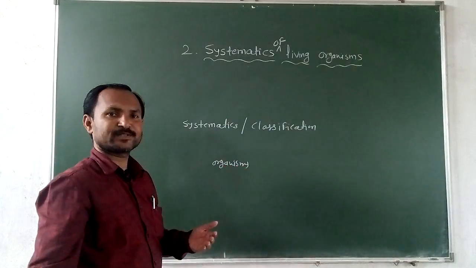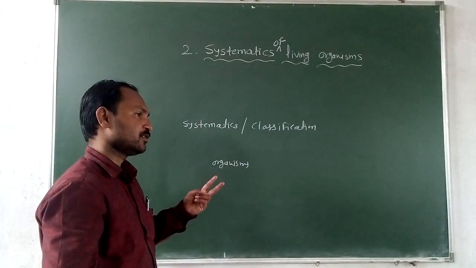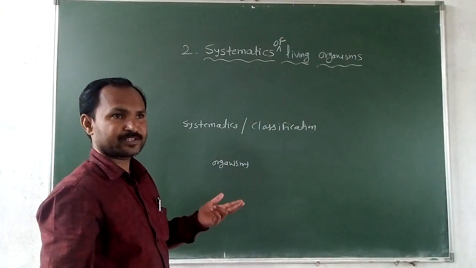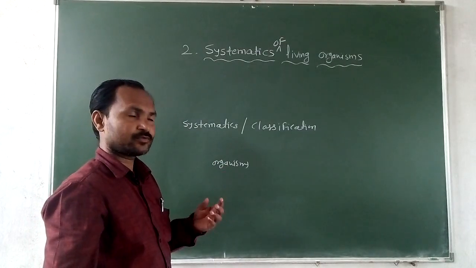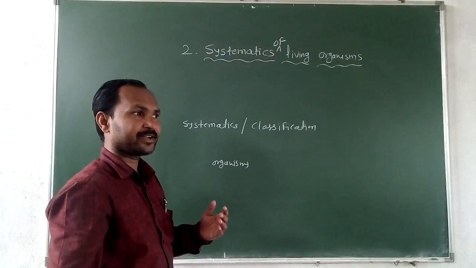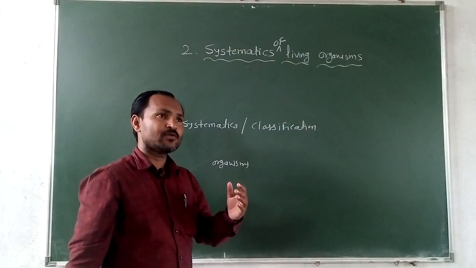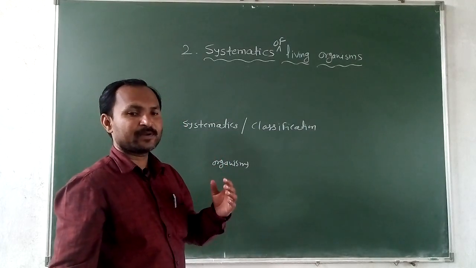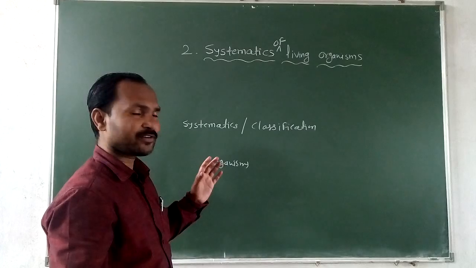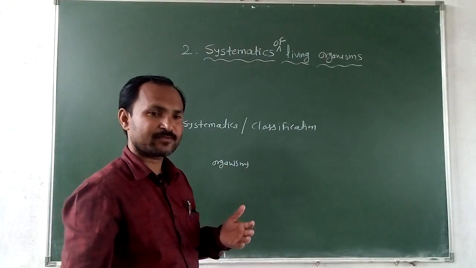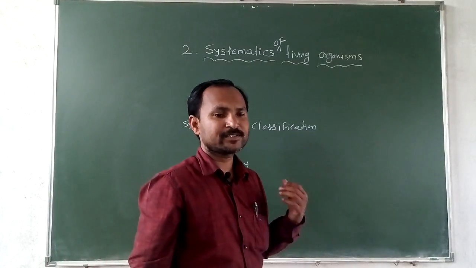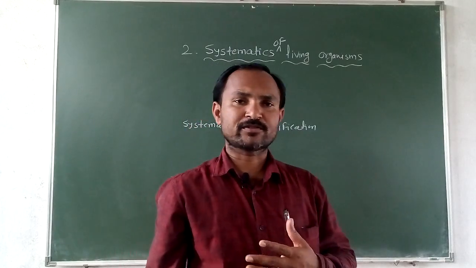Second, there are a lot of organisms present around us, so they should be identified and organized, and we will study them for our purpose. So there is a branch that we call classification or systematics.